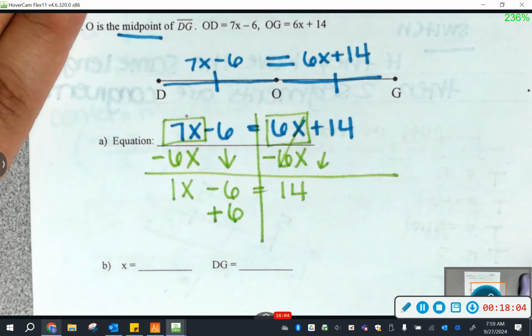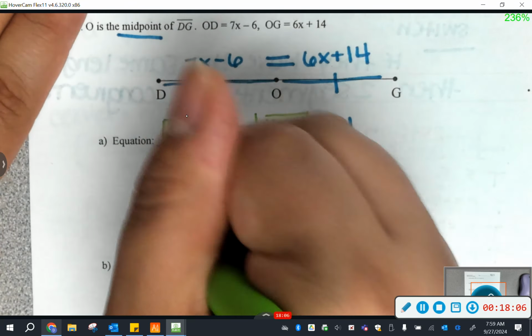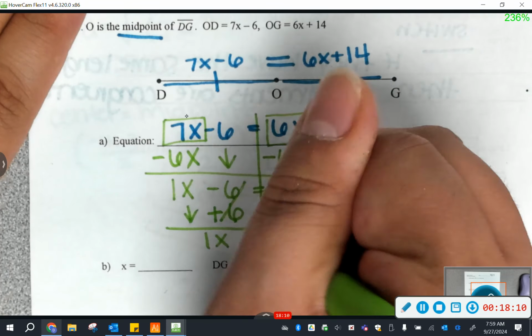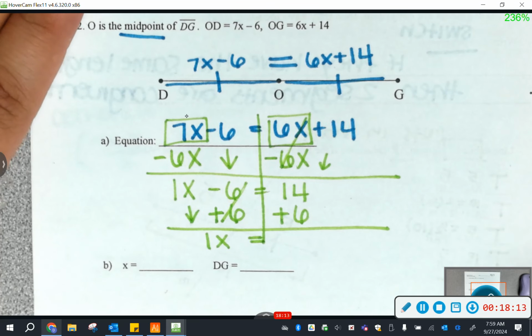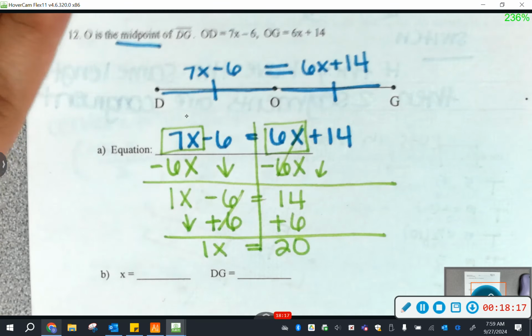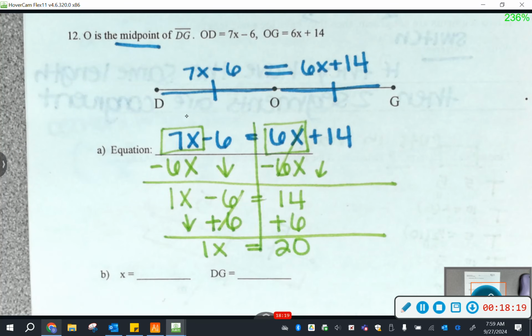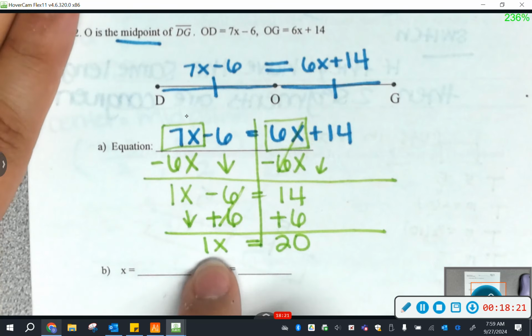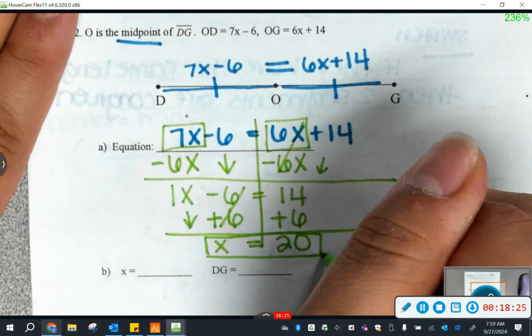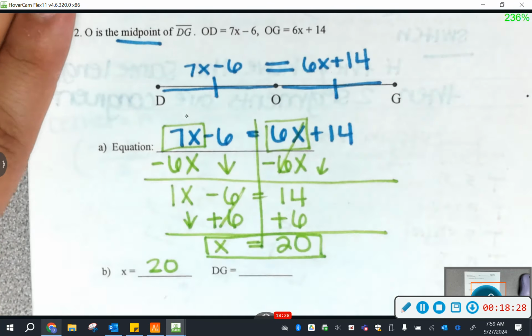Add 6. And what you do to one side, you do to the other. No matter what type of equation it is, if you ask yourself these questions, you will get it. And then what's 14 plus 6? Is x by itself? If there's only one of them, that means it's by itself. I'm done. You could divide by 1, but you'll just get the same answer. So x is 20.